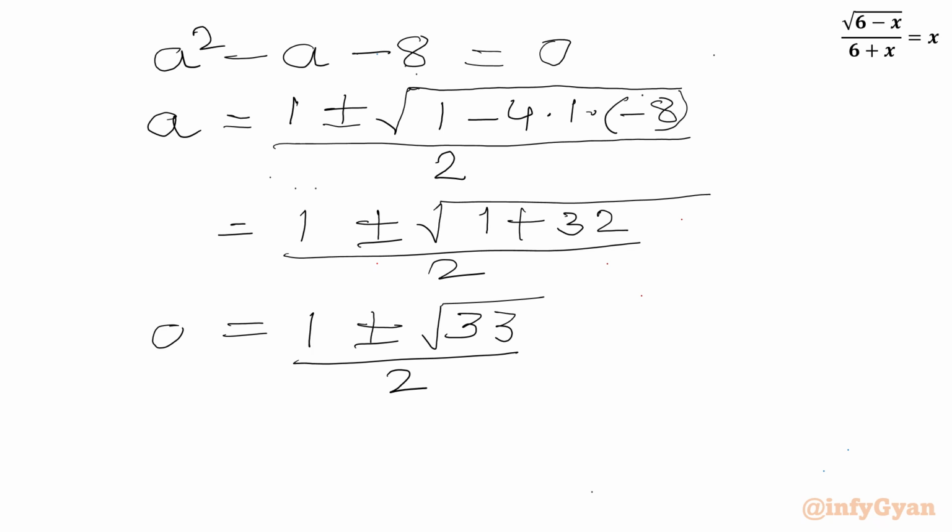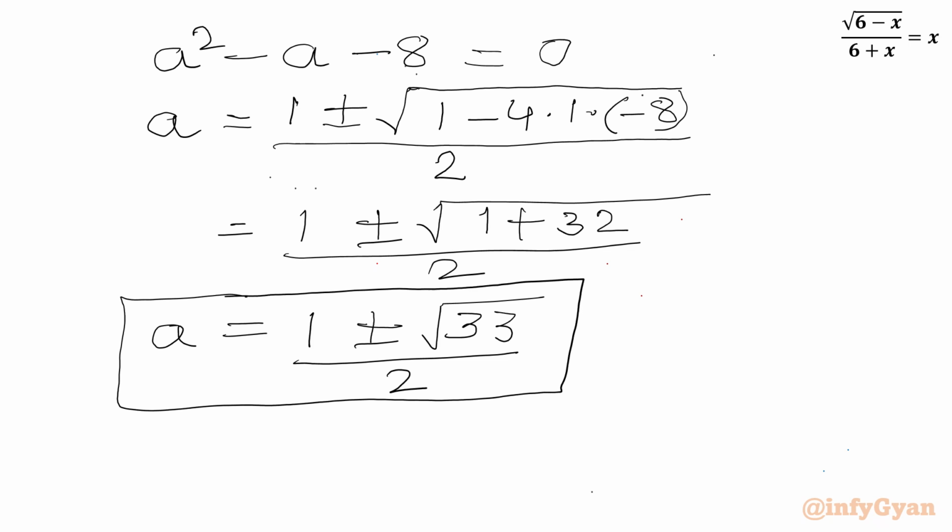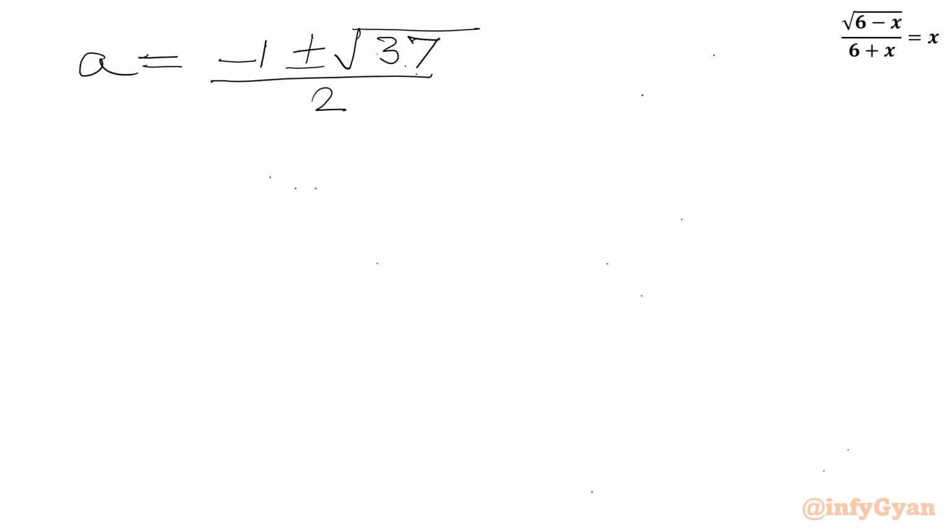So we have overall 4 real values of a. Let me write here a equal to -1 plus minus square root 37 over 2 and 1 plus minus square root 33 over 2.